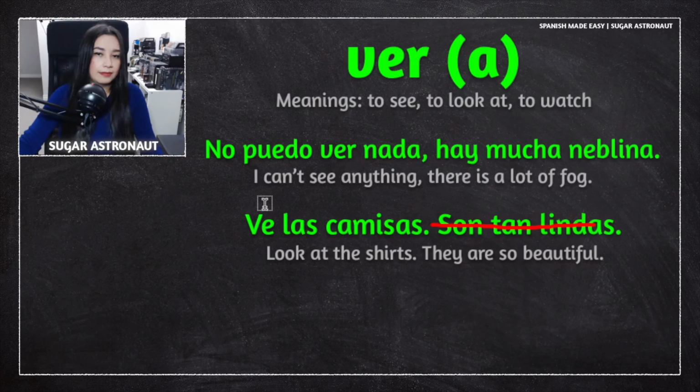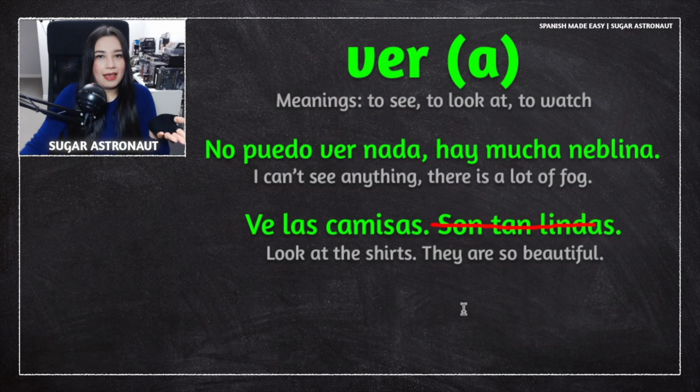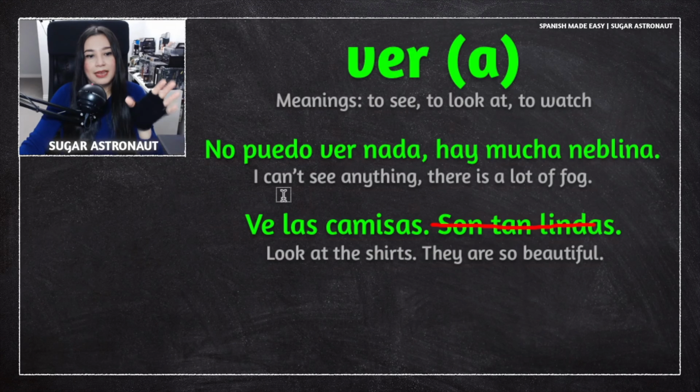Okay, so that's an important difference there. When it's specific, then you can say ve a and then a subject or a noun. If you're talking about something more vague, more plural, more general, then you don't need ve a. You can say just the noun and the definite article.